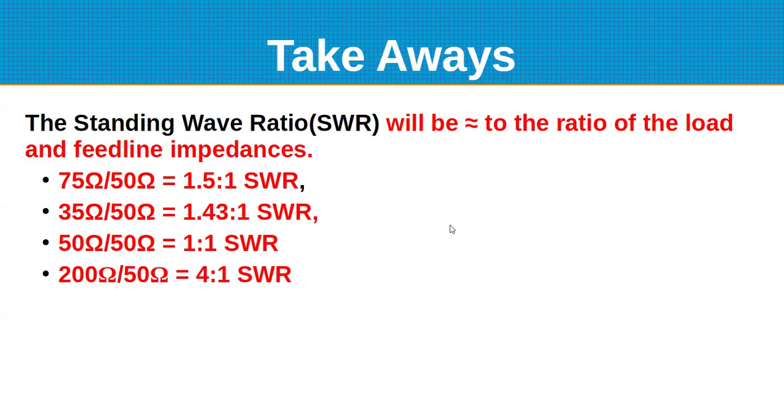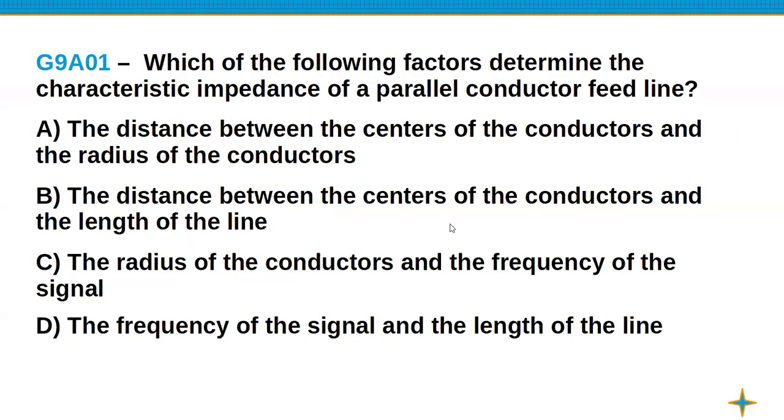Okay. Well, we'll go through it on the question. All right. Which of the following factors determine the characteristic impedance of a parallel conductor feed line? The radius, the distance between the centers of the conductors.